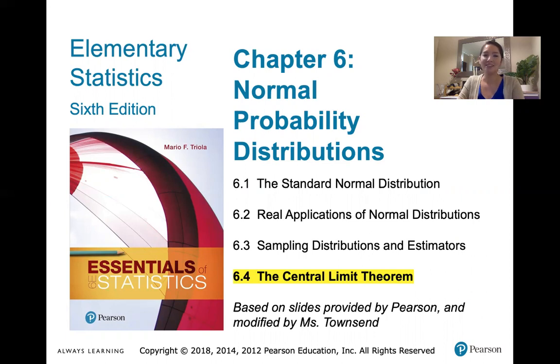Then in the last section, we went a little meta, and we stopped thinking about the distributions of the data values themselves in the population, but began thinking about the distributions that we have when we have sample statistics. So we call those distributions sampling distributions, and they discuss the distributions of the sample mean, the sample proportion, the sample variance, sample standard deviation, and so on.